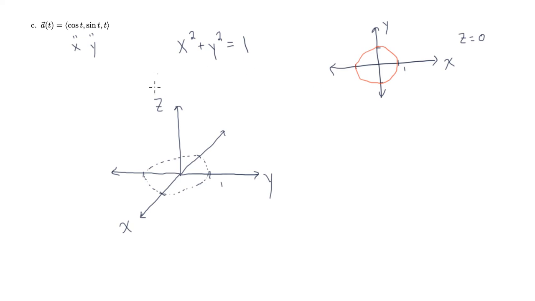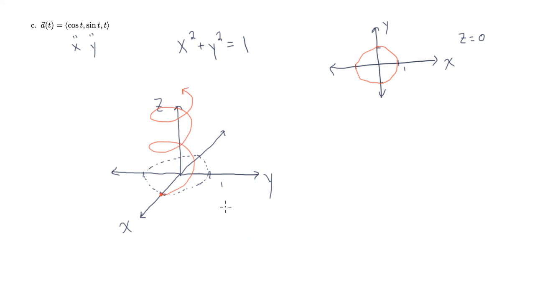So if I take t equals 0, I'm going to be right here. I'm going to be moving around the circle, but at the same time going up in the z direction like that.